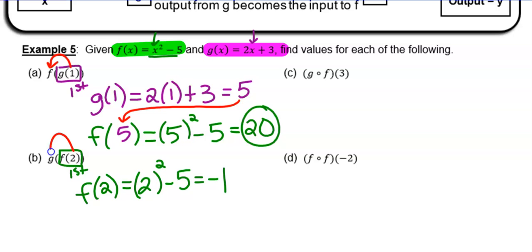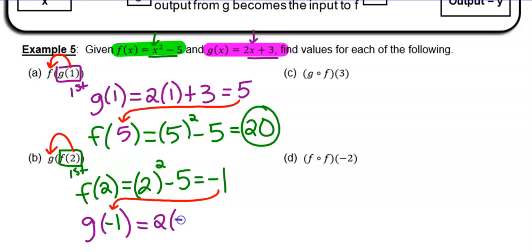Then that answer gets put into g. So we have g of negative 1. That answer gets put in, and we fill it into the g function right here. So 2 times negative 1 plus 3, and that comes out to be 1, and that's your final answer.